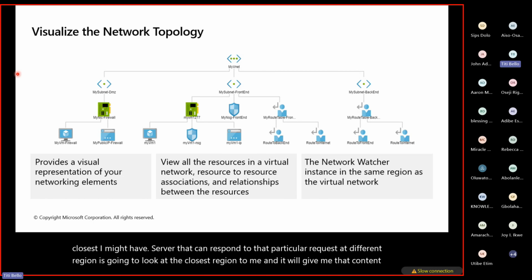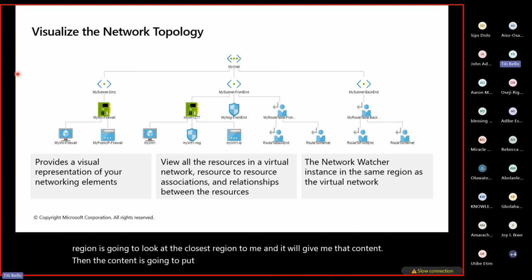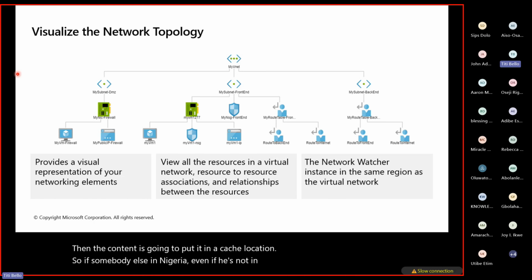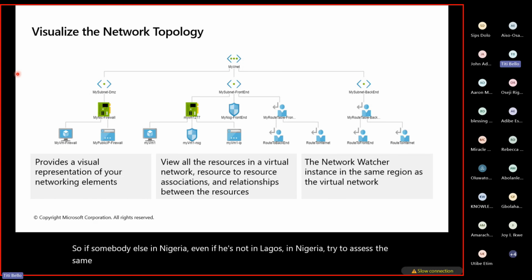Then the content is put in a cache location, so that if somebody else in Nigeria, even if not in Lagos, tries to access the same thing, the response to that person is faster than when I, the first person, tried to access it. That's the way CDN works.